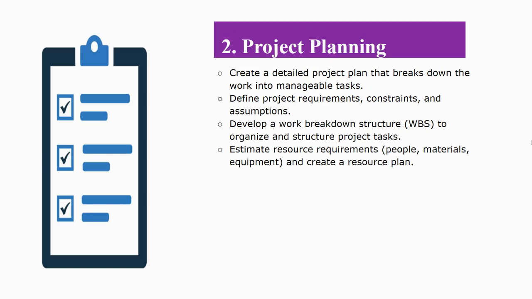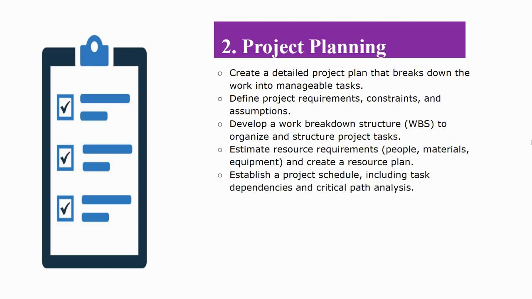Then we have people, the engineers that will be working to construct the hand pump and other people who will be performing different tasks. We got equipment that we'll be using as well to construct the hand pump. It might not be just our normal work that we're going to do. Of course, we need to create a resource plan to be able to detail how the people, the materials, and equipment will be used, and also what the requirements for them are.